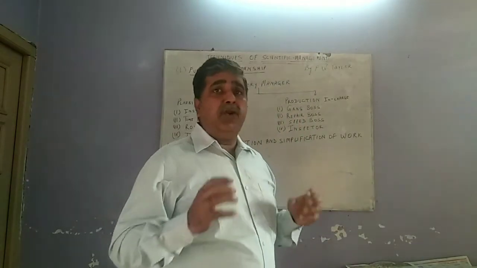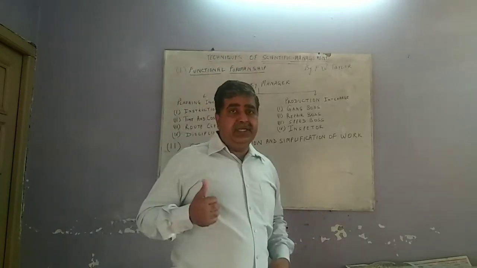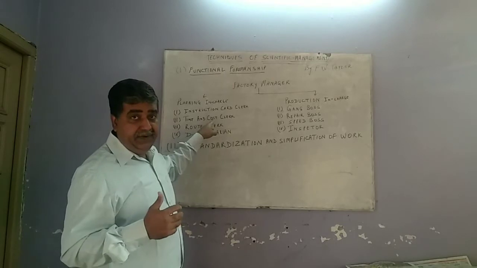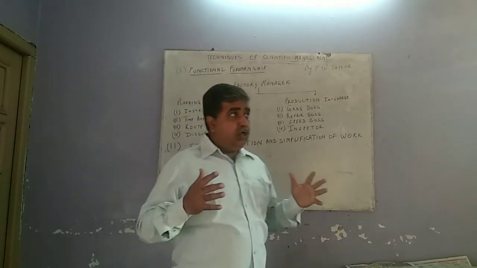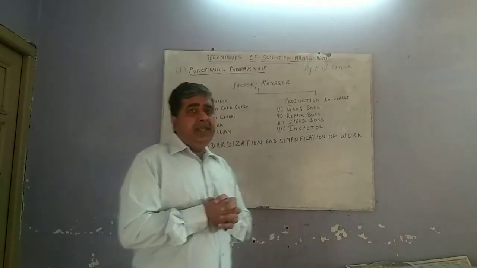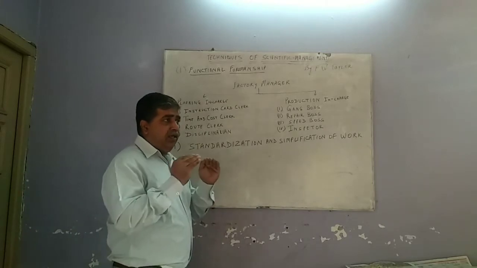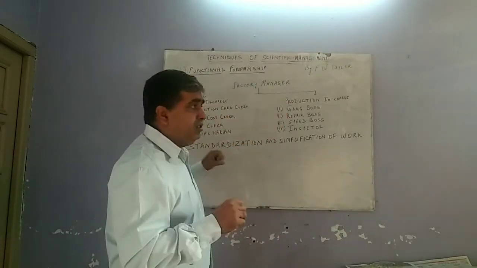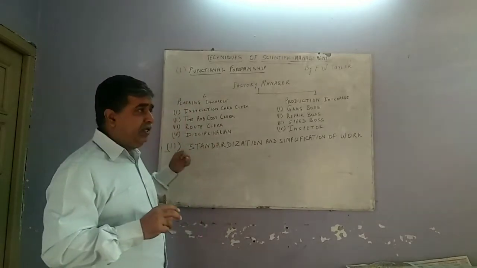So F.W. Taylor also used stopwatches to determine this time. And cost, definitely by preparing cost sheets we can conclude that this is the minimum cost to be incurred for the production of a unit.